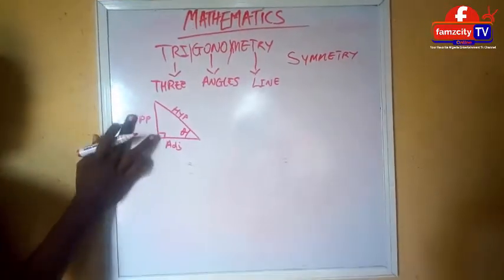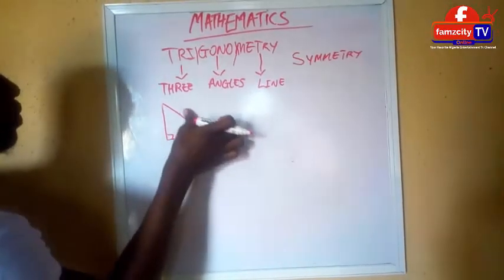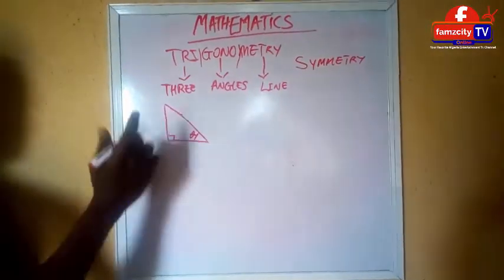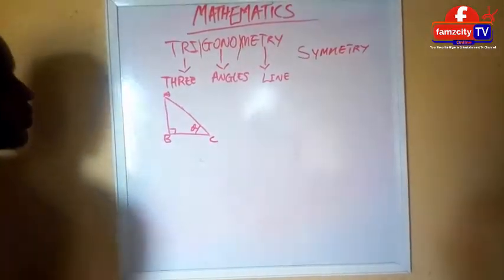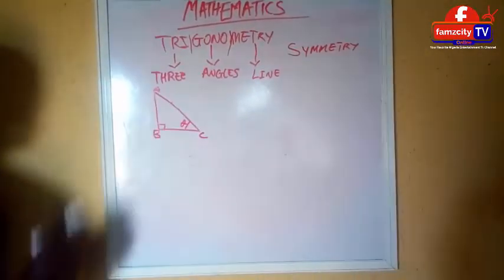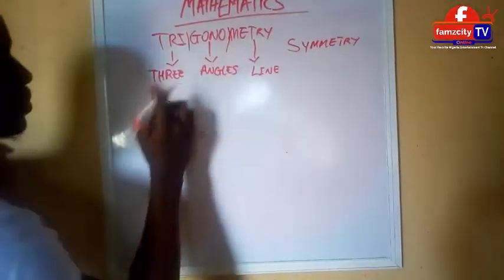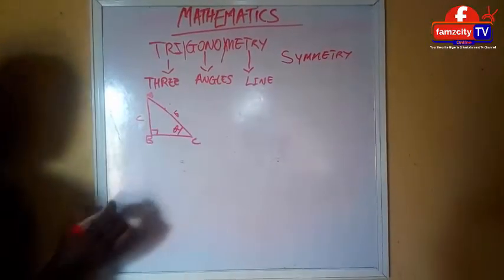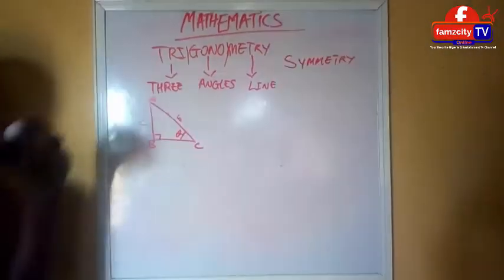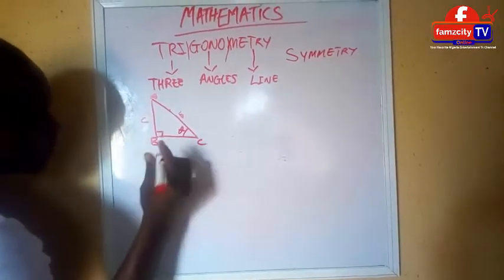So now we want to consider a triangle ABC. I'll call this opposite side here small c, and I'll call this side, which is the hypotenuse, small b, and this side here, the adjacent side, small a.